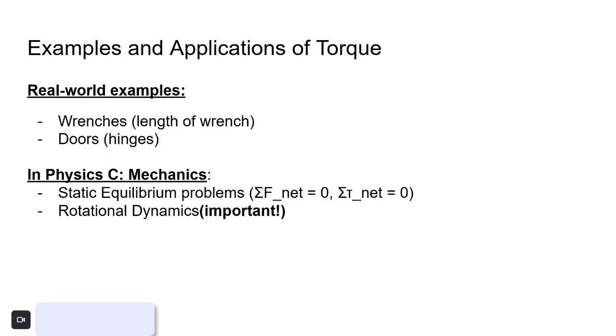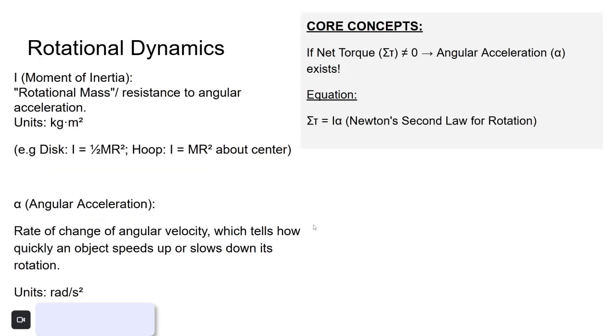And crucially for us today, the net torque acting on the object must also be zero, meaning torque net equals zero. This ensures that there's no angular acceleration. It's not starting to spin or change its rotational state. Think about a balanced seesaw or a stable bridge. We'll talk about rotational dynamics more on the next slide because it's pretty important in most of the torque problems you'll see on the test.